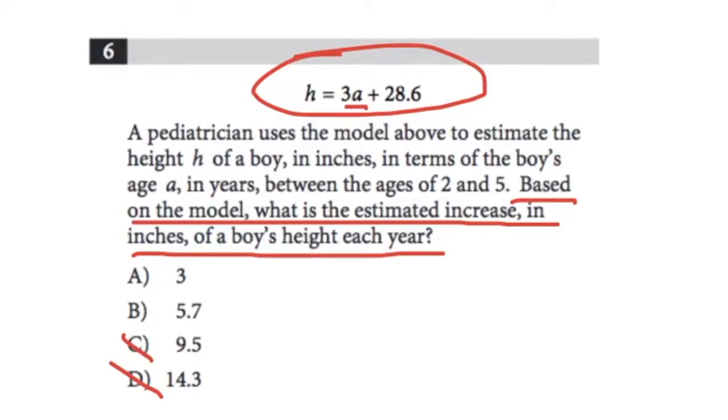Because his height is the H value. If we plug in the A values, we can find out how tall he is when he's 2, when he's 3, and we can find the difference, how much he's grown between the age of 2 and 3. We can find out how tall he is when he's 4, when he's 5, and we can just see how much he grew each year. Does that make sense, Juliana? Yes. Okay, so let's just plug in values for A.